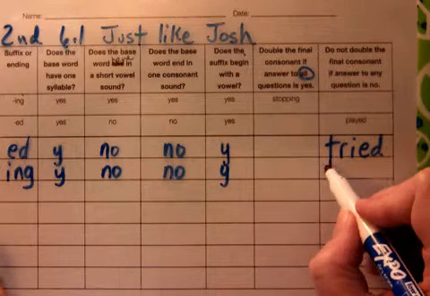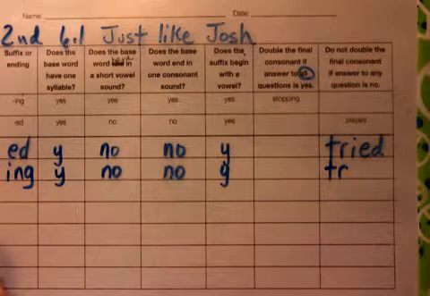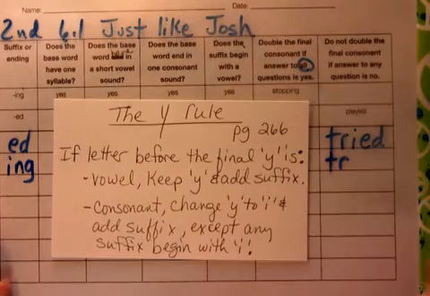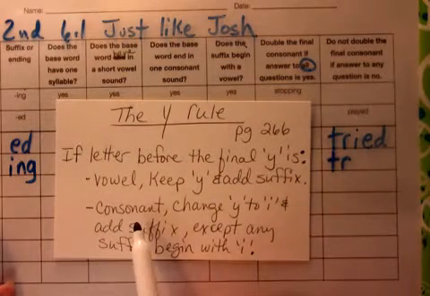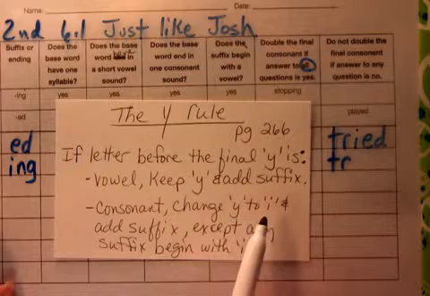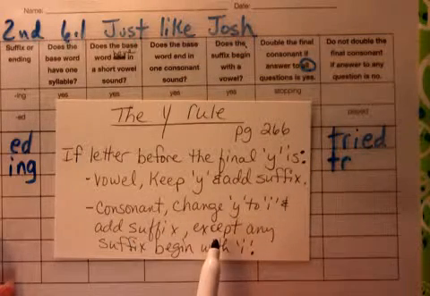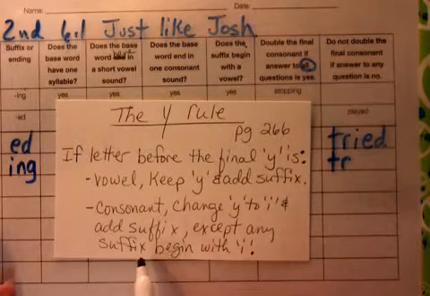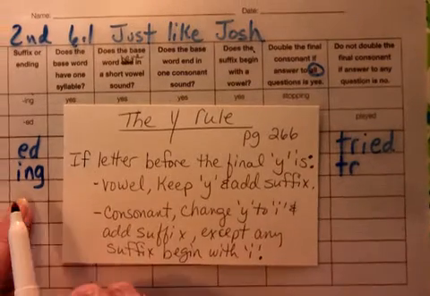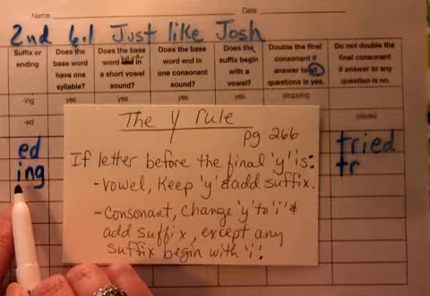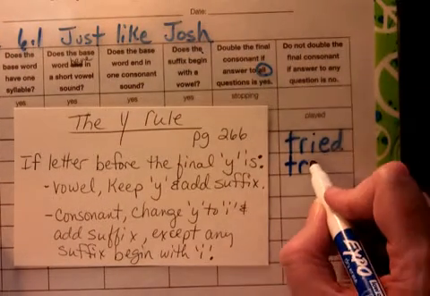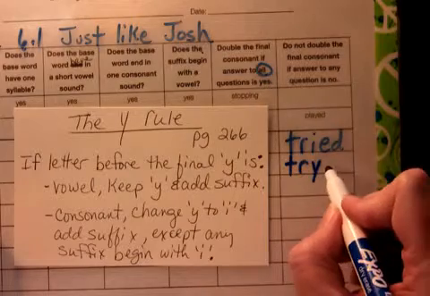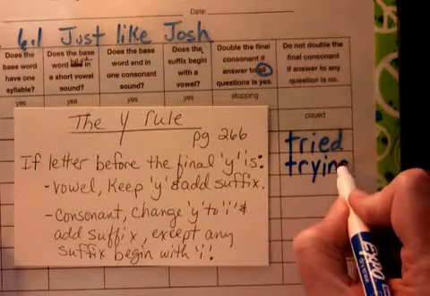So we've got TR. Now let's look at this Y rule. So we have the letter before the Y is a consonant. It says we'll change the Y to an I and add the suffix, except any suffix beginning with I. Well, this suffix begins with an I. So we will not change the Y to an I. We leave it as TRY and add the suffix ING.